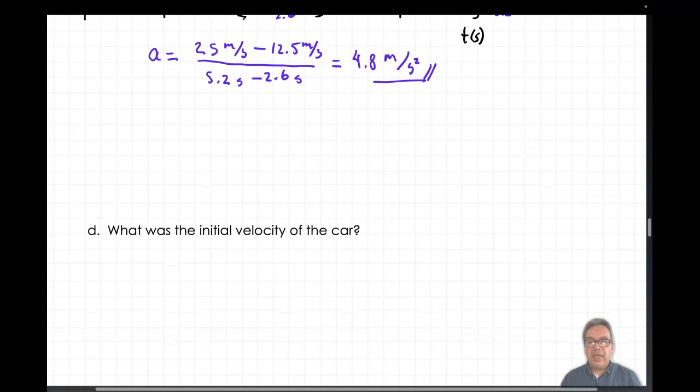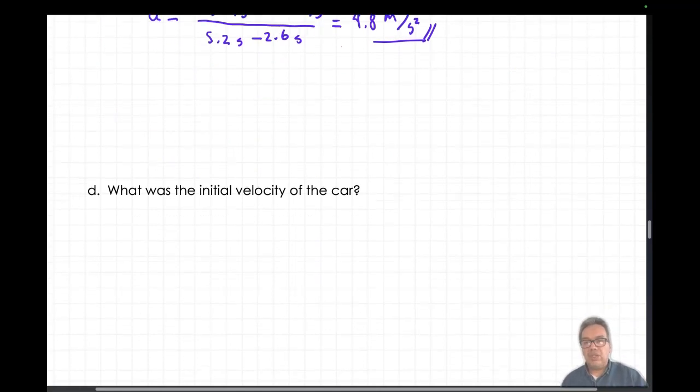Now, when they ask you what was the initial velocity of the car, you can simply reason it out like this.